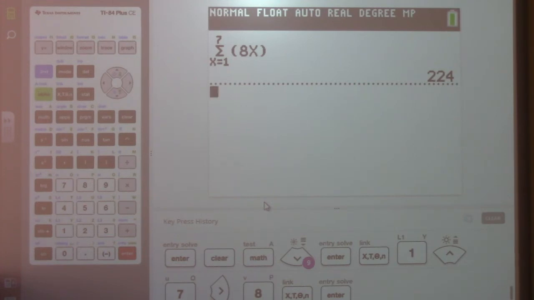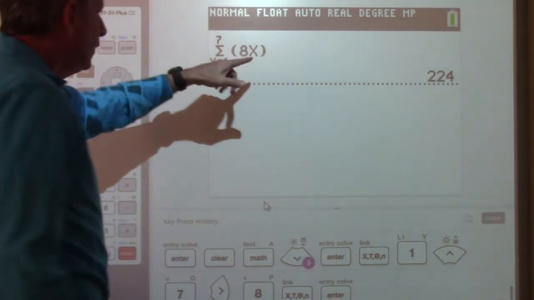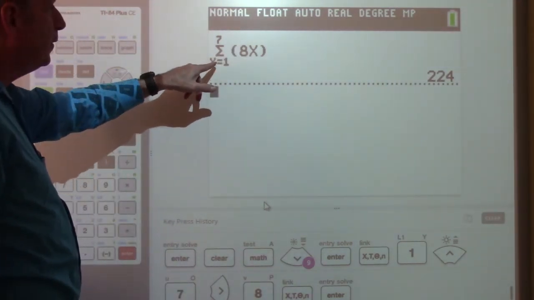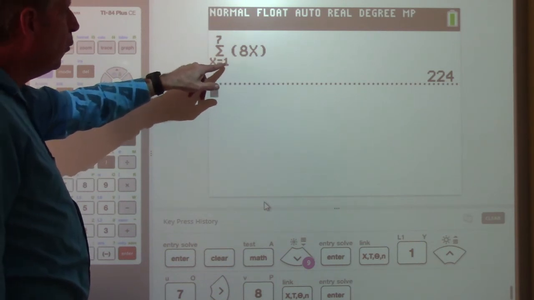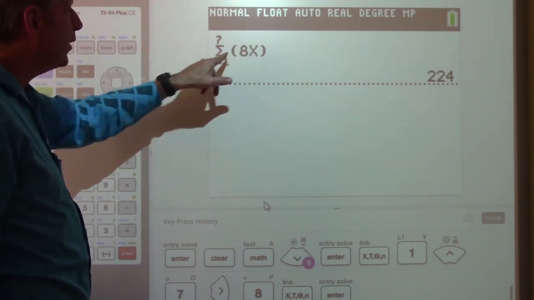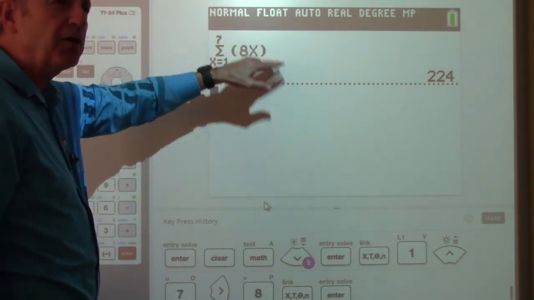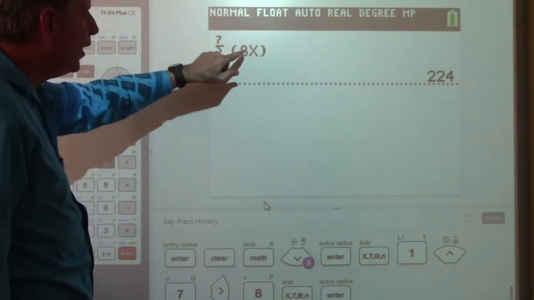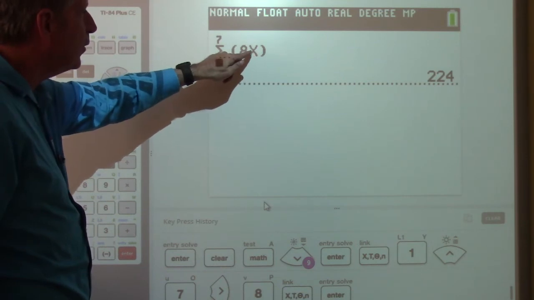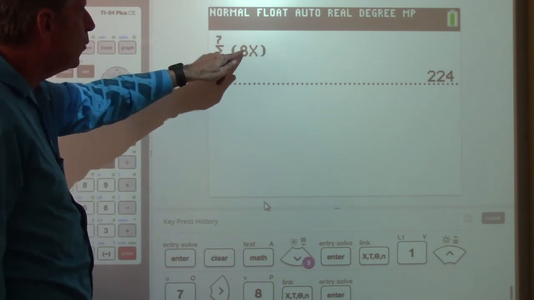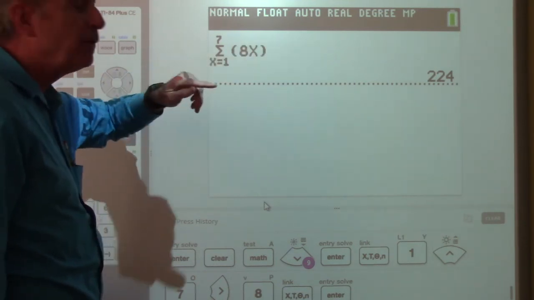What it's doing is it's going ahead and taking 1 and replacing x with 1, so you have 8x. If we replace x with 1, we have 8 times 1, which is 8.